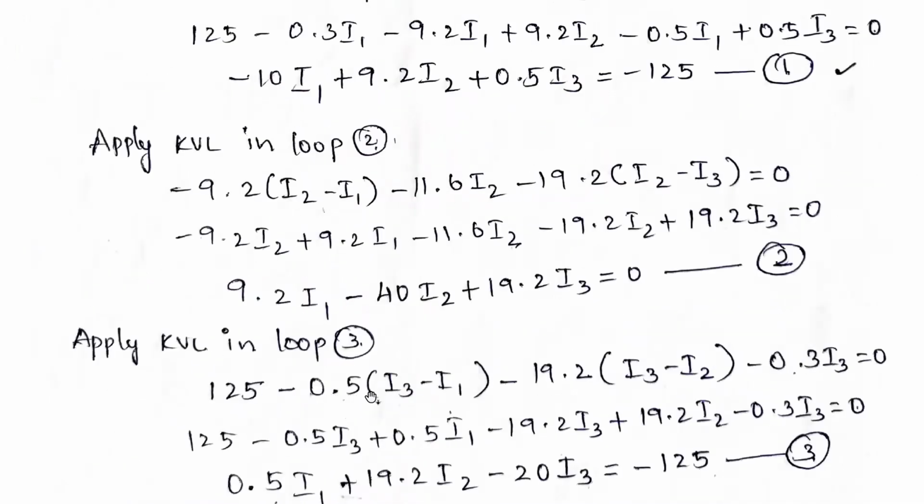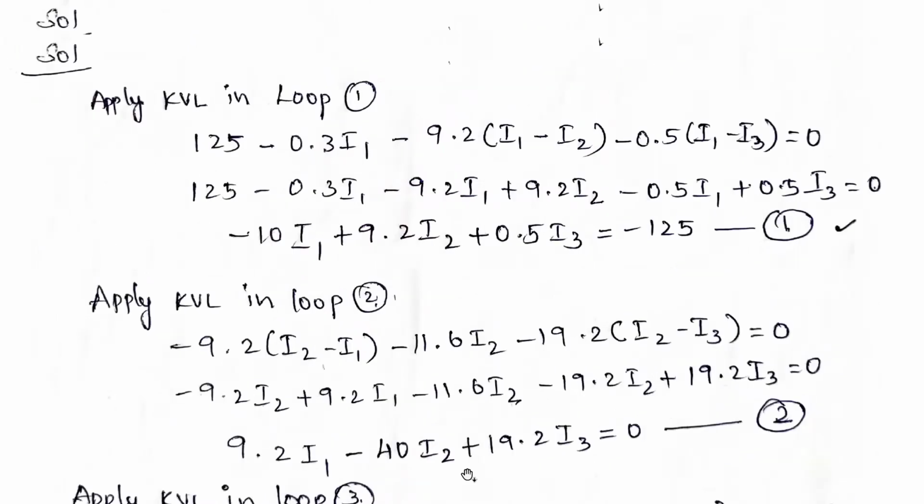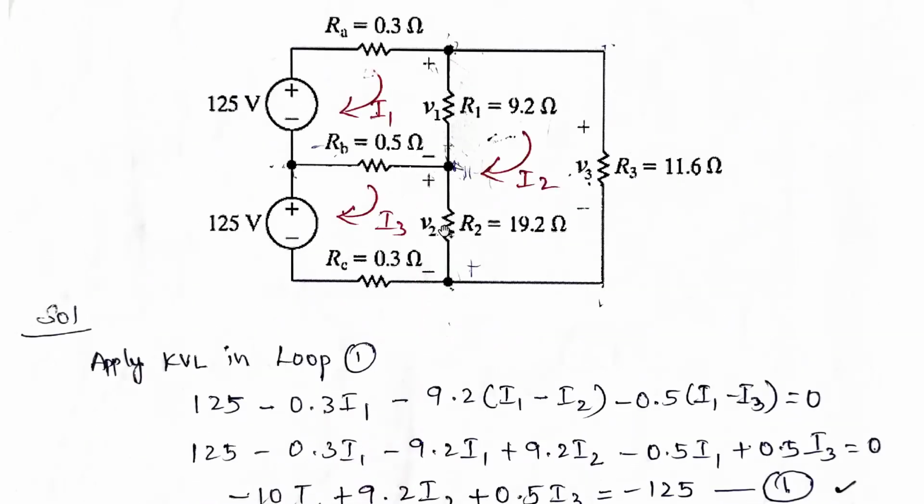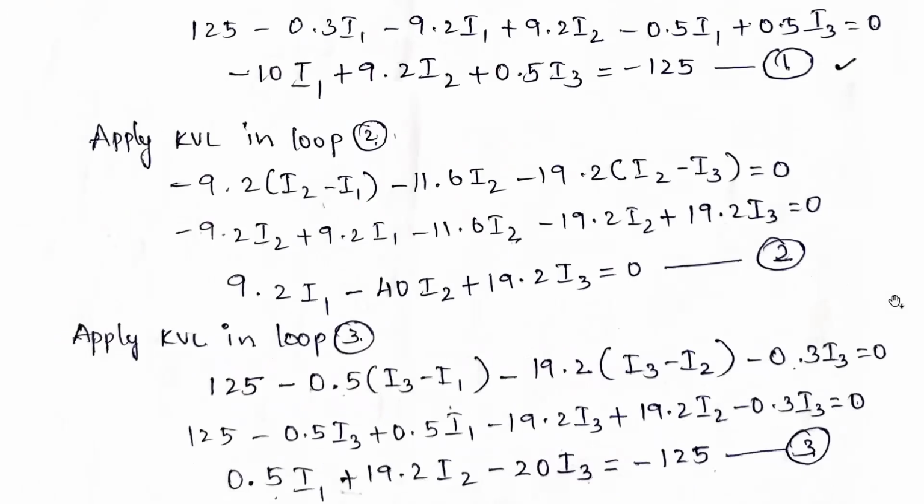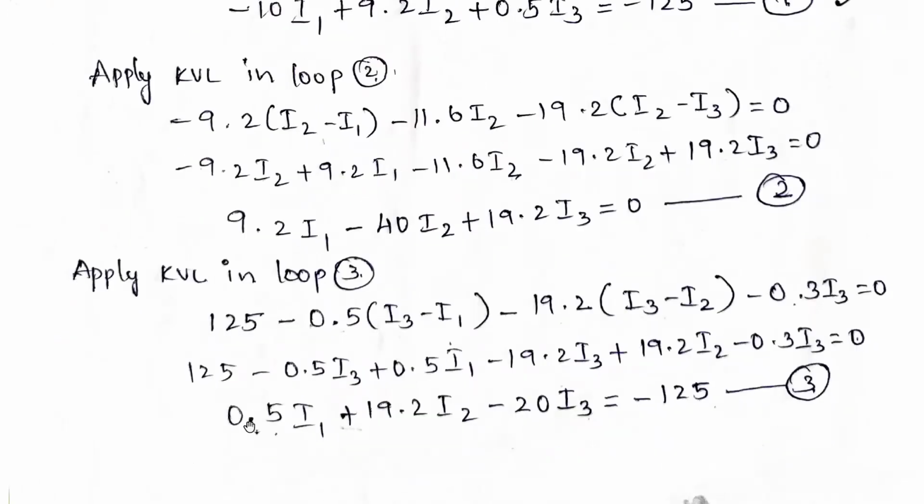Again it is a drop. Drop is again negative, minus 19.2 into I3 minus I2. Again it is a drop, that is 0.3, so minus 0.3 into I3 is equal to 0. Simplifying this, we'll get the equation as 0.5 I1 plus 19.2 I2 minus 20 I3 is equal to minus 125. Take this as equation number 3.